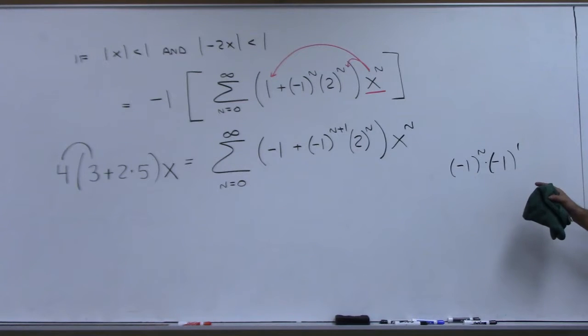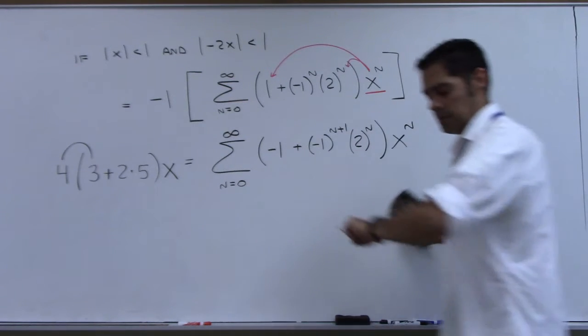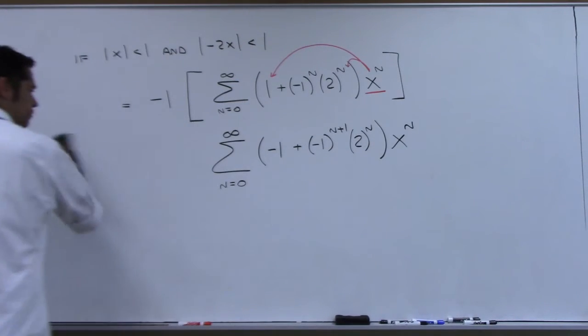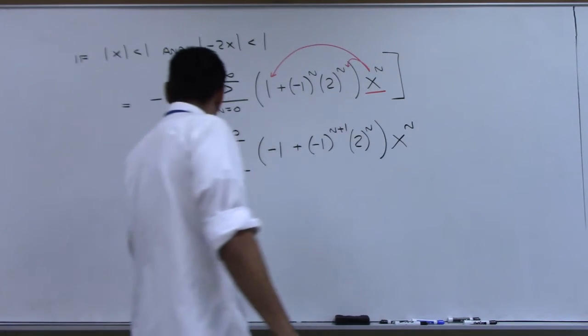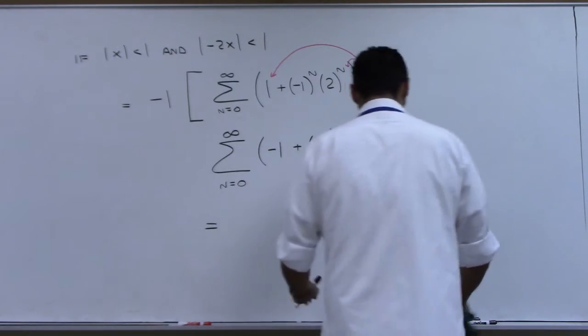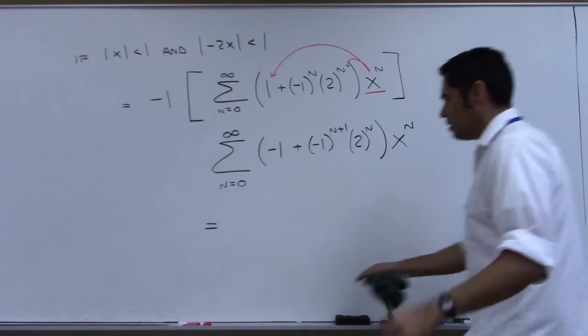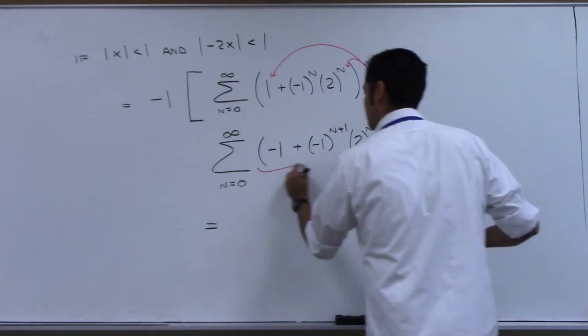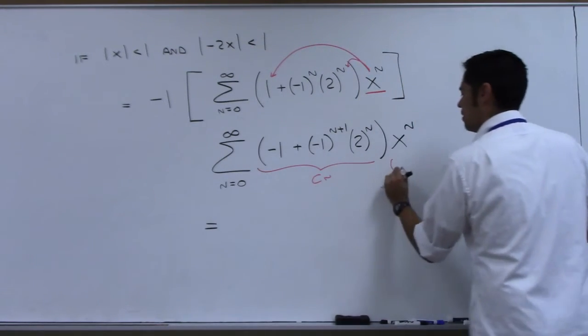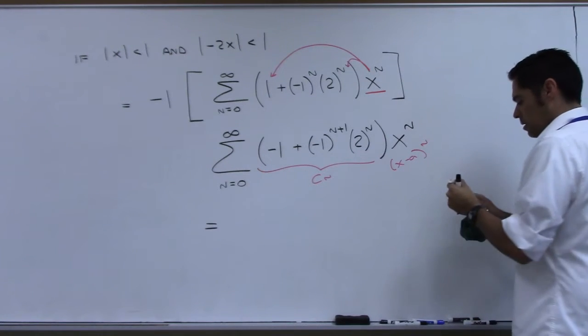All right? So let's do that. Let's write out the first few terms of this. Let's let n be 0. What do you get? This piece is our c sub n. This is our x minus a to the n, right? So let's see what happens.